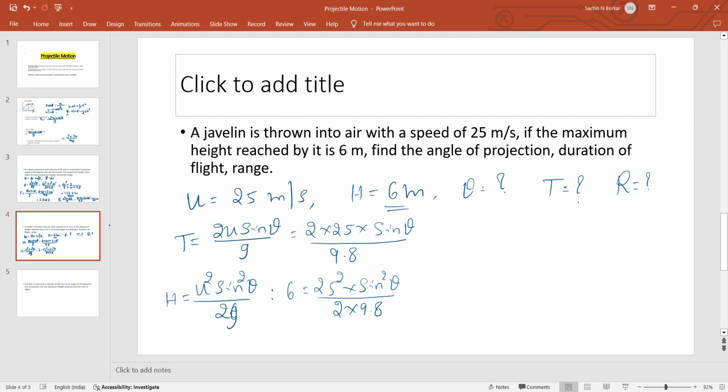So this simplifies, and after applying the root, we get sine theta is equal to 0.1882 and theta is 10 degree 50 minutes.